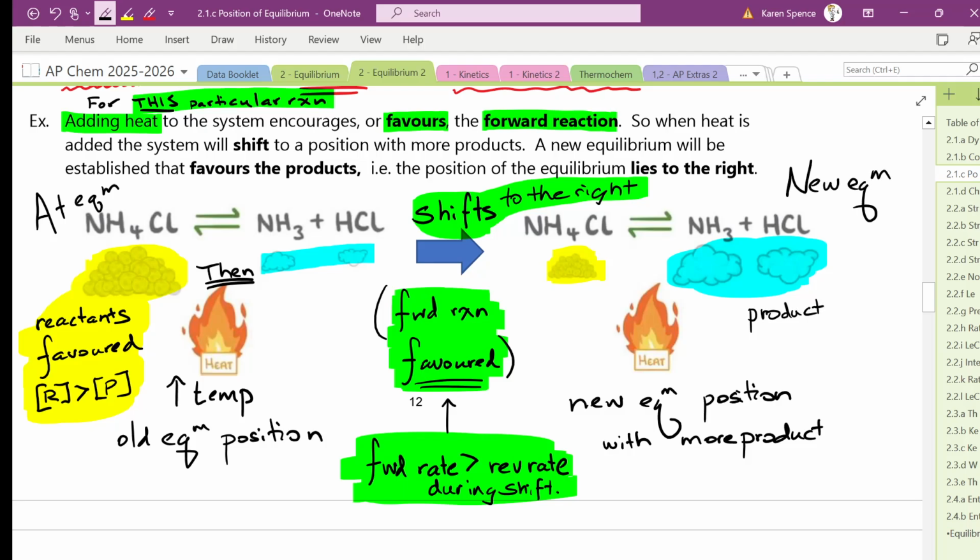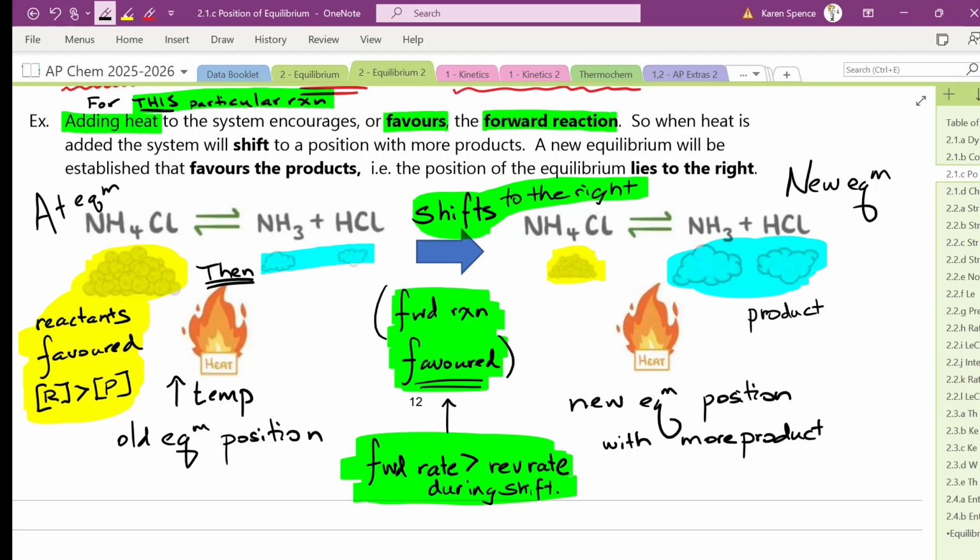Oh, are the products technically reactants? Yes, but when we write a reaction, we need something to call the stuff on the left-hand side and something to call the stuff on the right-hand side.